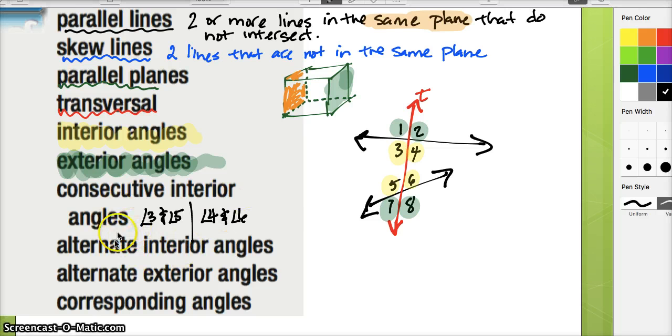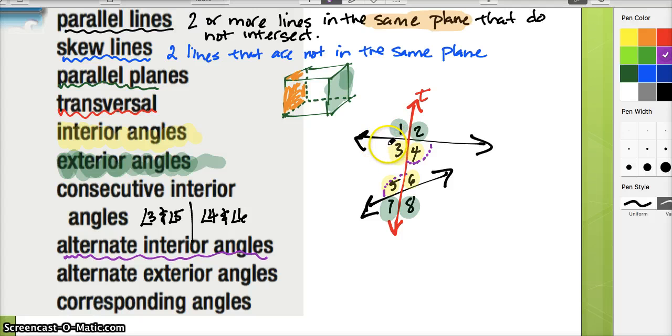The next type of angles we need to identify and locate are alternate interior angles. And so alternate interior angles are going to be interior, as we talked about before, but on alternate sides of the transversal. So this angle is an alternate interior angle to this angle, right? So those guys are going to be alternate interior angles.